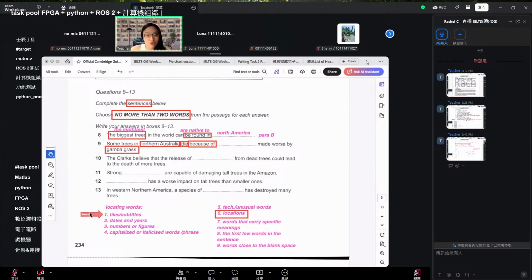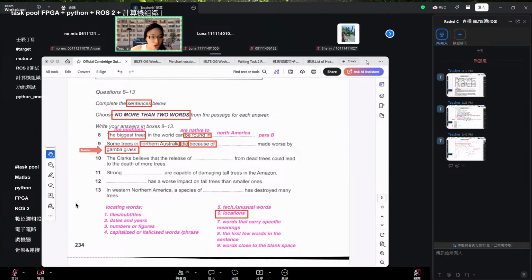So what we need to know is that the answer is the byproduct of gamba grass. So we need to go back and find exactly what kind of situation or what kind of impact gamba grass brought to northern Australia.